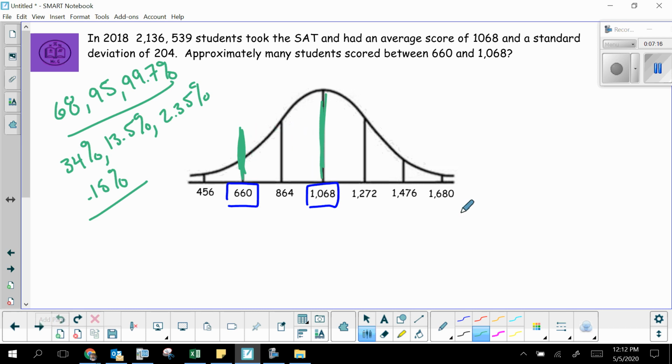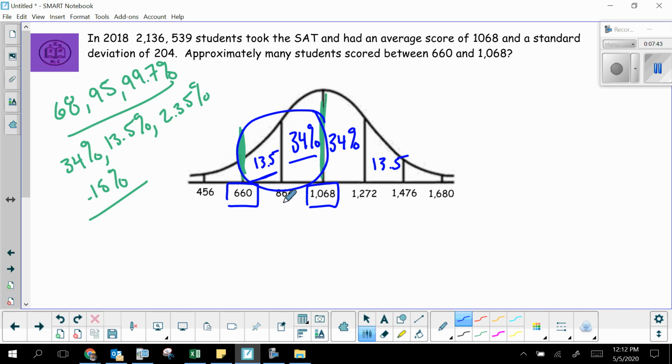The 68%, or the 34 and the 34, gives us one of our sections. The 13.5% gives us our second section. We can pretty much stop right there. Those are the two sections between the two values we're looking at.